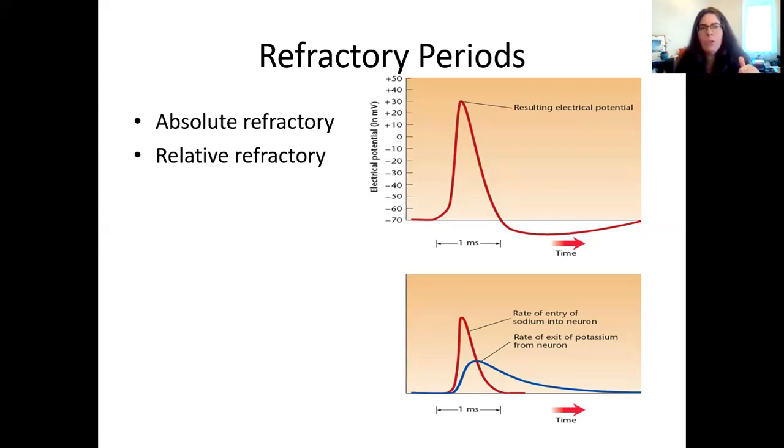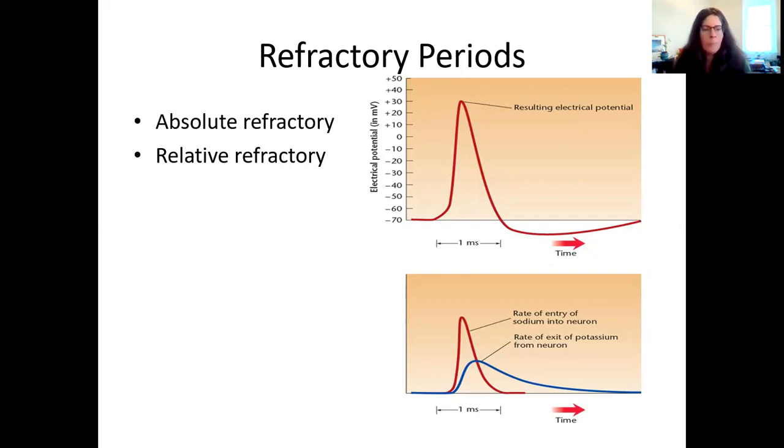Doesn't matter how hard you press that handle, how intense your pressure is, it's not happening. But during the relative refractory period, there's that moment in time where you hold it down a little longer, you push a little harder, and the toilet will flush. That's like a stimulus causing an action potential in the relative refractory period.